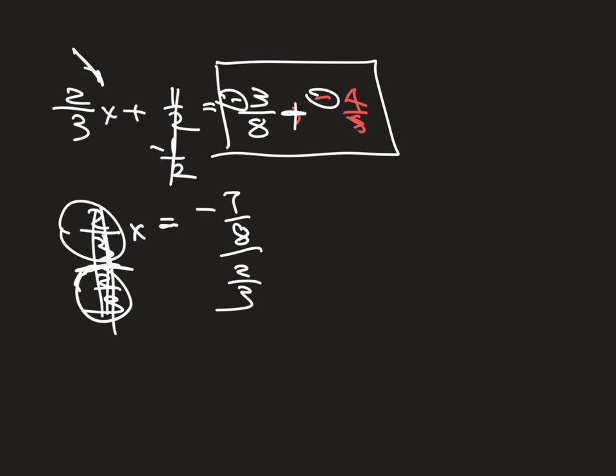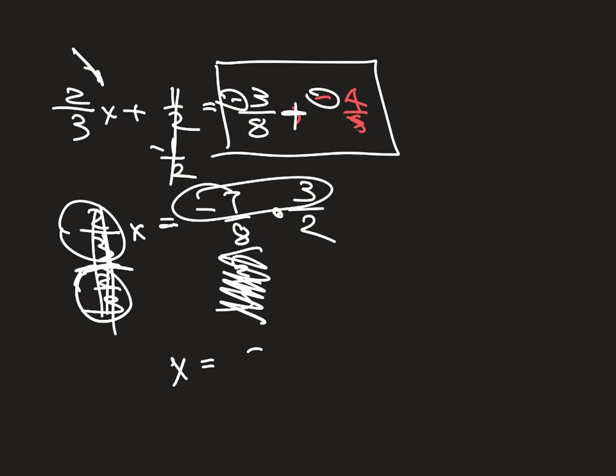And remember back in the olden days when you divided fractions, it was the same as multiplying by the reciprocal of the bottom number, the denominator. So that would actually be times 3/2 instead of divided by 2/3. So x equals -7 times 3 over 8 times 2. And there's our answer. Leave it this way.